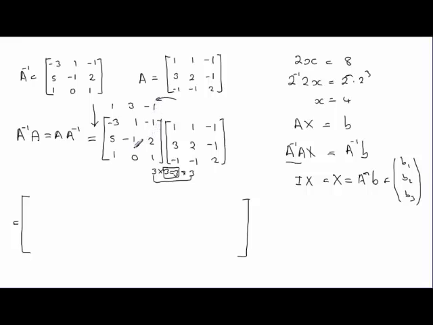Now let's see what I'm going to have. I'm going to have minus 3 dot 1. That's the multiplication. Then 1 dot 3. Then minus 1 dot minus 1. Once that multiplication is done, the products will be added.